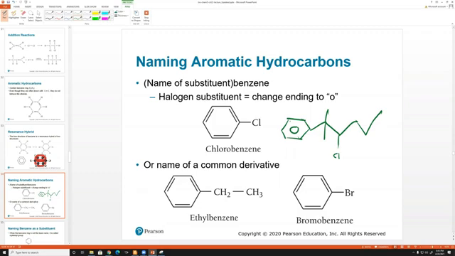Good. It'll be a pentane. So there's different ways to name it, but we could use either the 5-membered chain as our base, or we can use the aromatic ring. That's what we learned here.